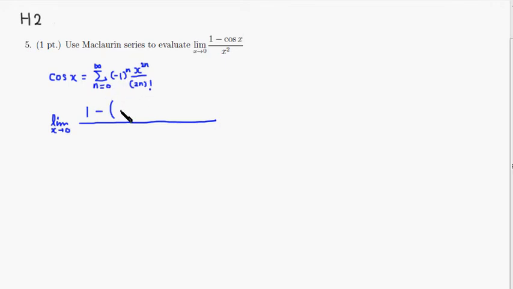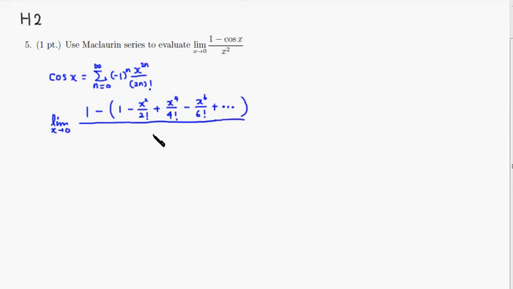The first term is 1, and the next one is minus x squared over 2 factorial, plus x to the 4th over 4 factorial, and minus x to the 6th over 6 factorial, and plus, and so on. So we have that.